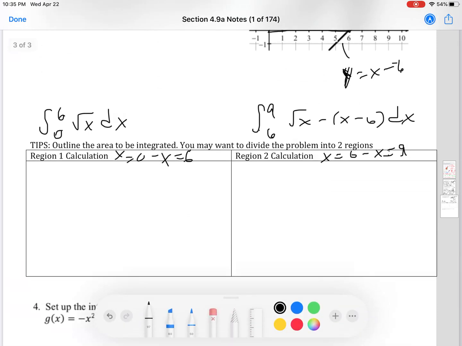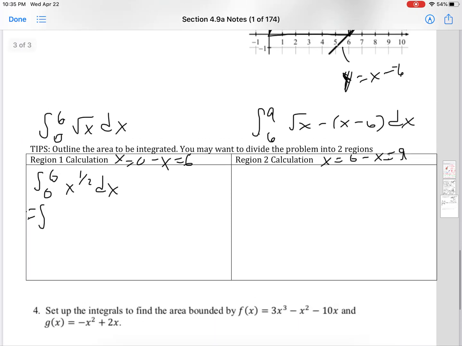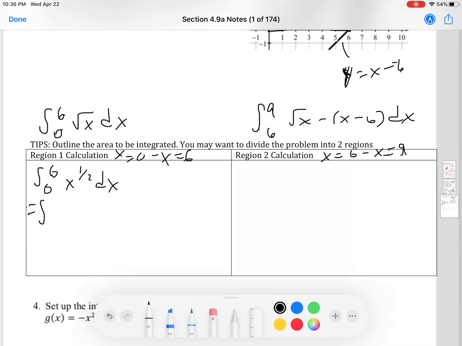And once we have those mapped out, it becomes just solving the integrals. Remember, instead of square root of x, I like x to the 1/2 better. So we're going to take that antiderivative. So we're going to get x to the 3/2.